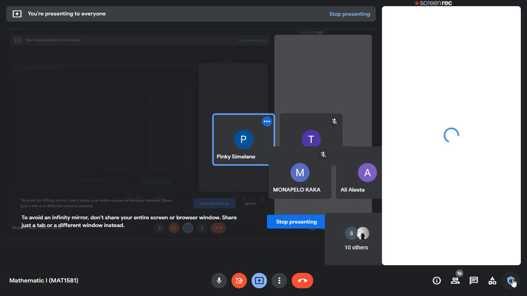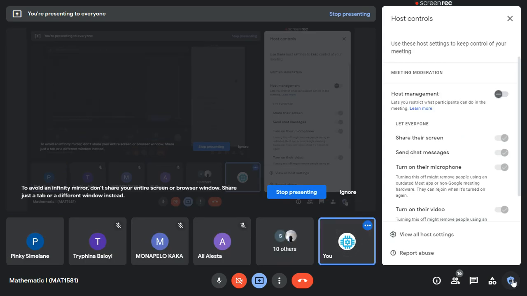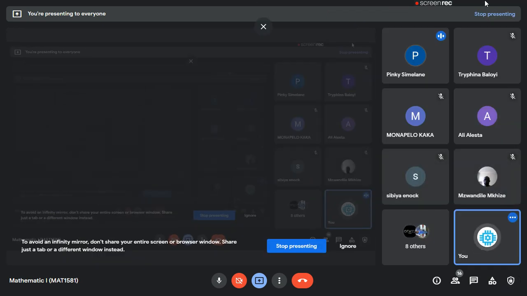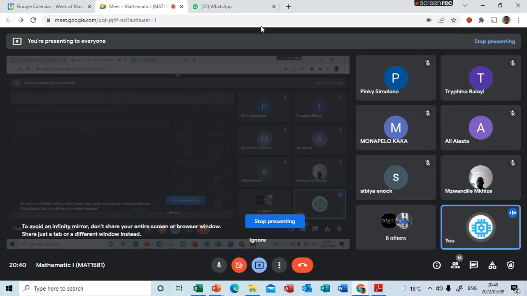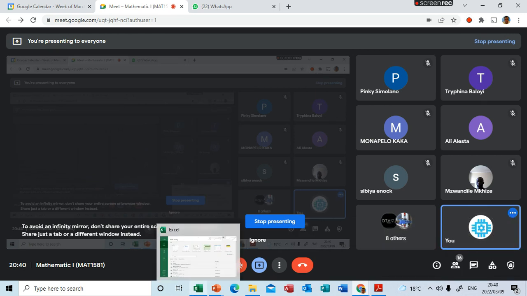Whose controls? I pressed something. I don't know how to go back. You see now, technology. Oh, here, this thing. This is what I was looking for. I want to end this screen, or a full screen. There you go. This is what I was looking for.